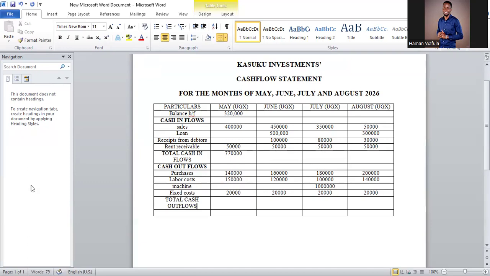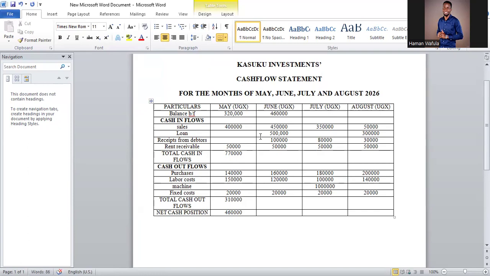Then we shall have our net cash. Cash outflow will be 310. So when you subtract, you get the net cash position, you get the total cash inflows minus total cash outflows. So when you subtract 770 minus 310, that is 460,000. So this 460,000, we take it to the next month as balance.